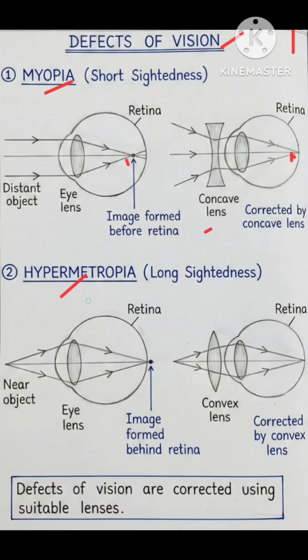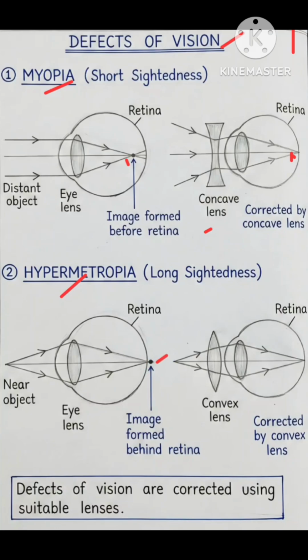Second is hypermetropia. It is also known as long-sightedness. A person with hypermetropia can see distant objects clearly, but nearby objects are blurred. Here the image is formed beyond the retina.